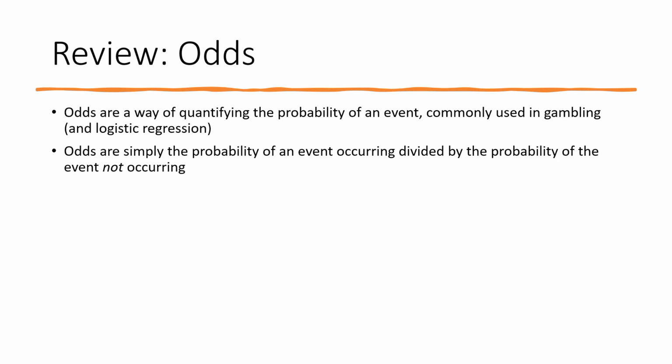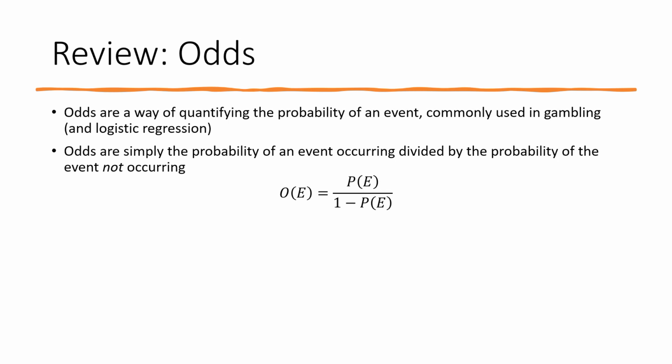Now, odds are not simply the probability of an event. That's probability. Odds are the probability of an event divided by the probability of the event not happening. So if I'm looking at this, O stands for odds, E stands for event, and P stands for probability. I would read this equation as the odds of the event is equal to the probability of the event divided by 1 minus the probability of the event.